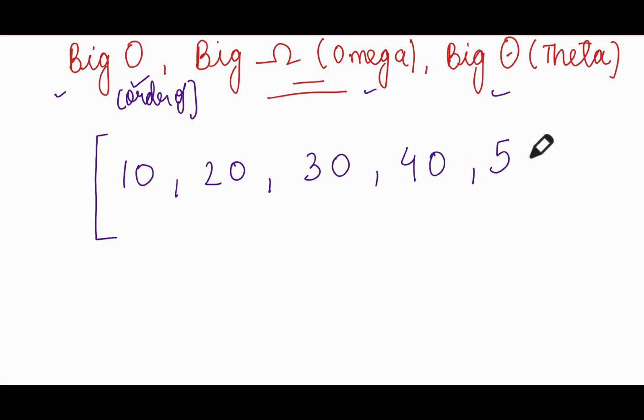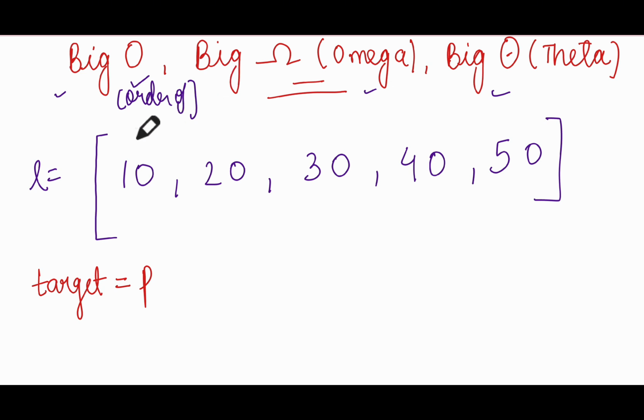This is the list that we are having, and our objective is to find a number, a target. We have to find if that element exists in this list or not, and if it exists, I have to get its index.